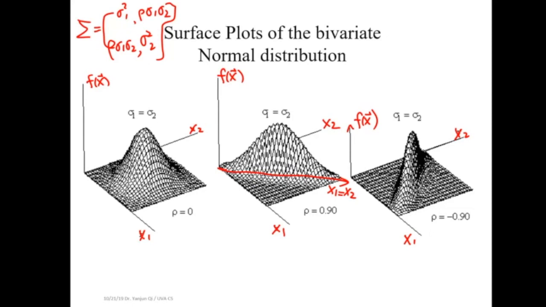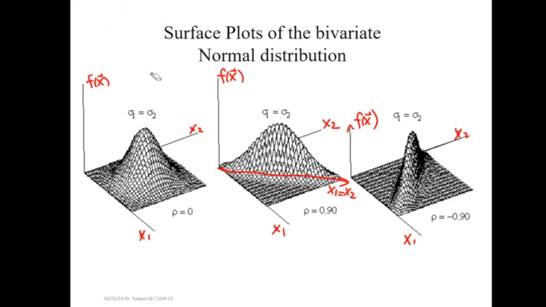Let me show you visually what I mean by sigma 1, sigma 2, and rho. Let me fix that a bit, it doesn't look good.